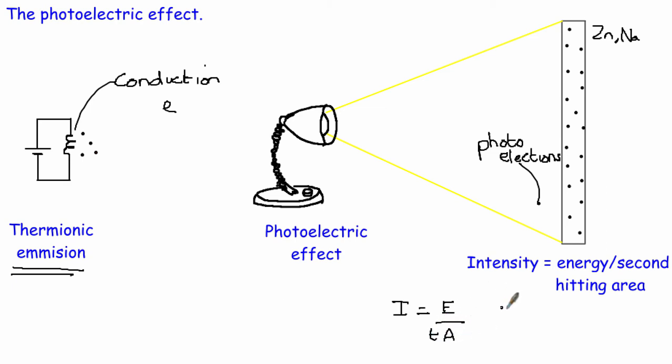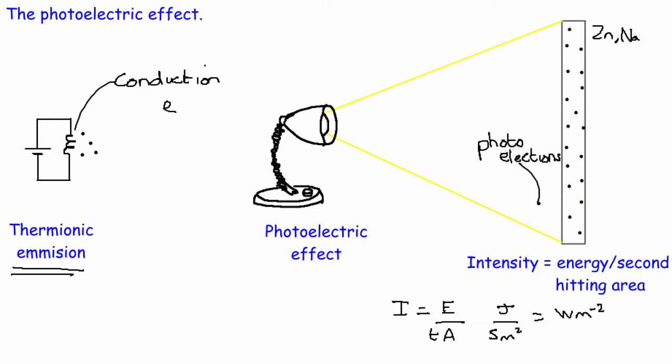The units are joules, time in seconds, and area in meters squared. Joules per second we can also call a watt, so that's equal to a watt per square meter. So the units of intensity are these, and it relates how much energy is incident per second on a certain area.